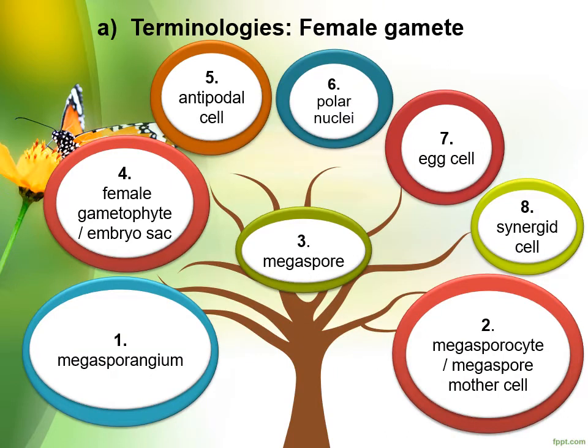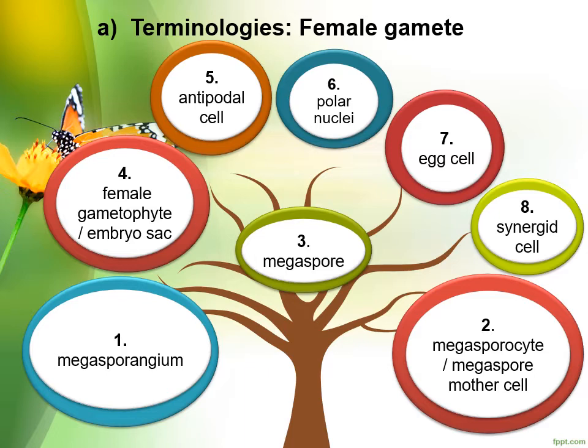Now let's look at the terminologies involved in the formation of female gamete in flowering plants. As you can see from this slide, there are 8 terms. The first one is megasporangium. Second is megasporocyte or megaspore mother cell. Third is megaspore.